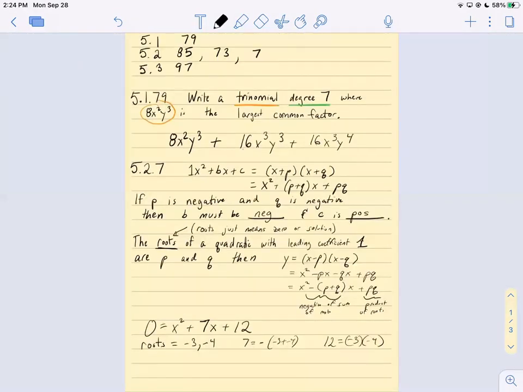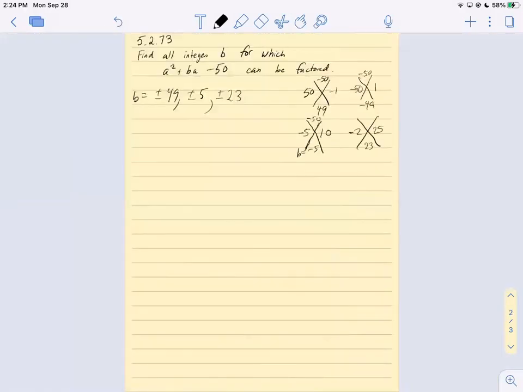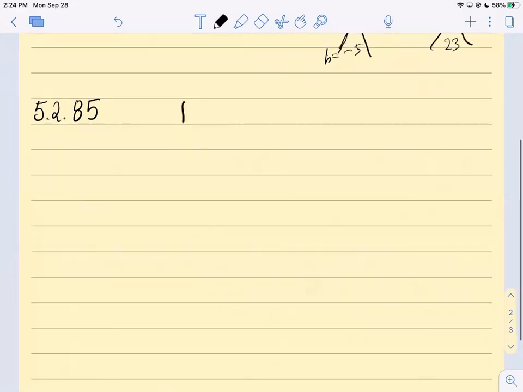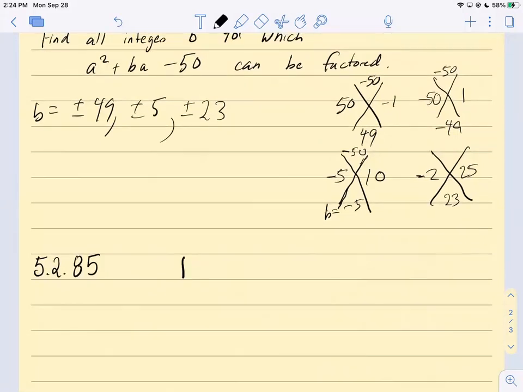Okay, let's try 85. These problems that relate to geometry are nice because of this picture with a rectangle and then 2 semicircles.